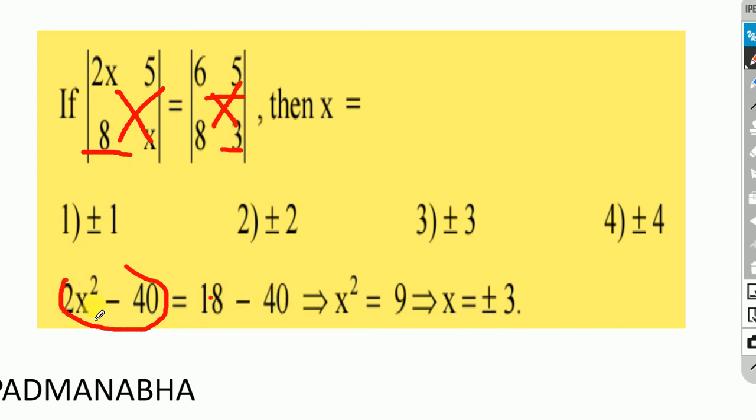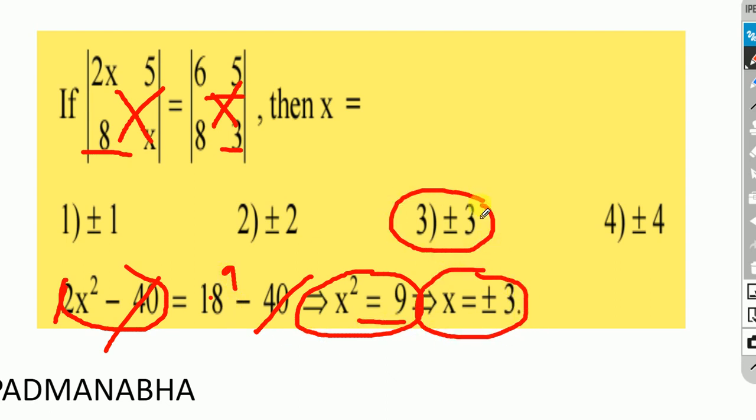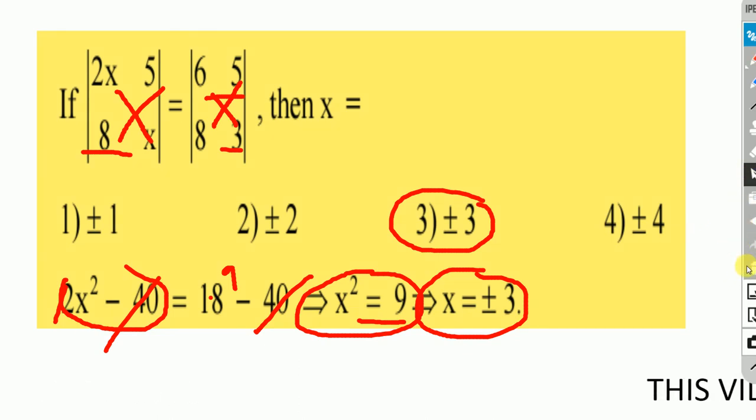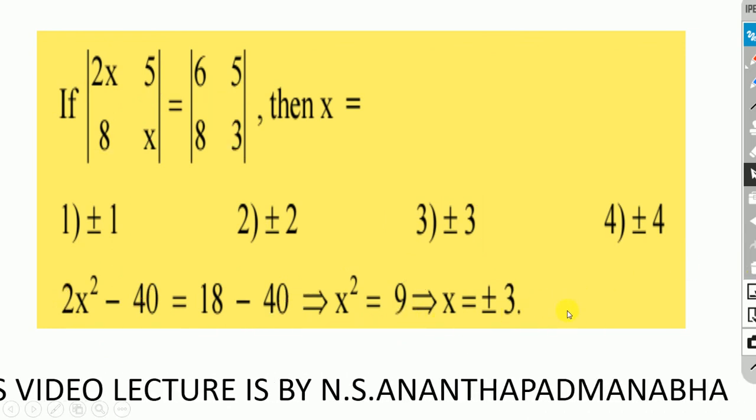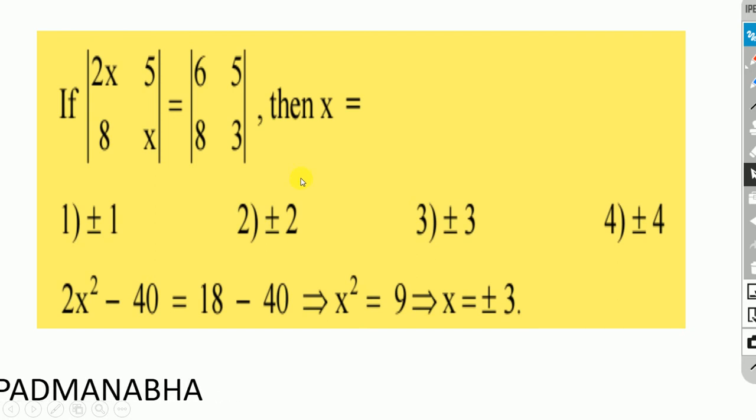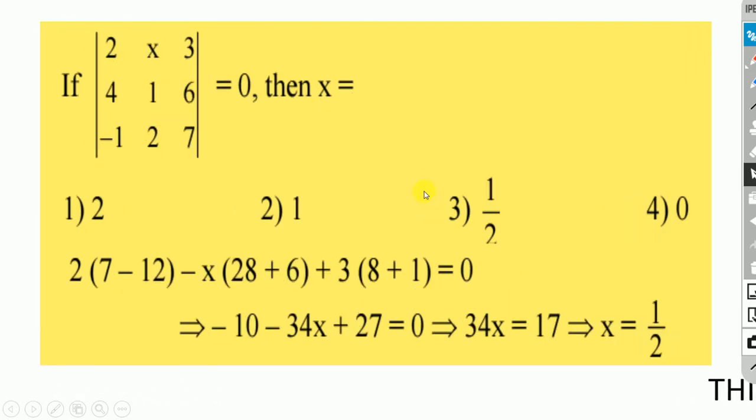So 2x square minus 40, 40 will be eliminated and x square is equal to 9. 2 nines are 18. So x square is 9 or x is equal to plus or minus 3. This is the correct answer. X is equal to plus or minus 3. Similar to a previous question which we solved now.